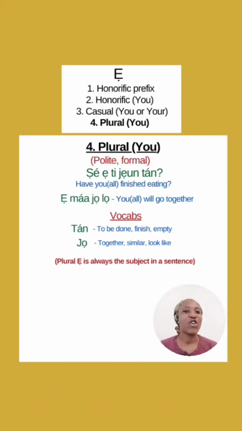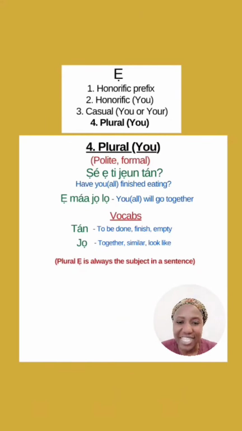So we use ẹ as honorific you, and as a casual you and your, which seems to be a tricky one. And then we use ẹ as a plural you.